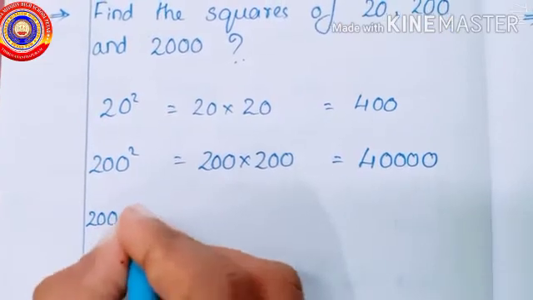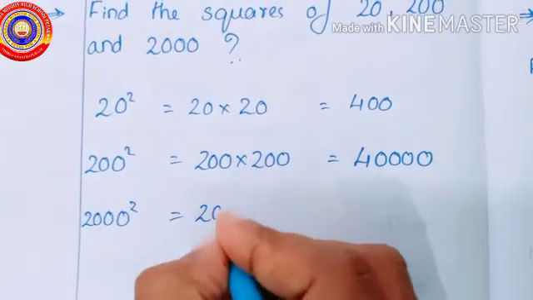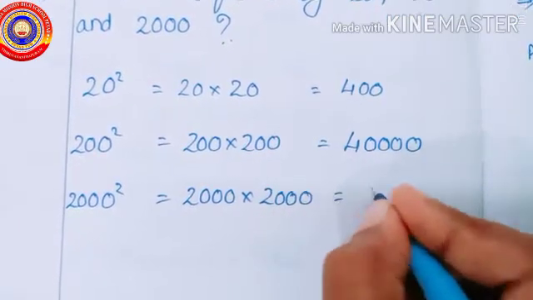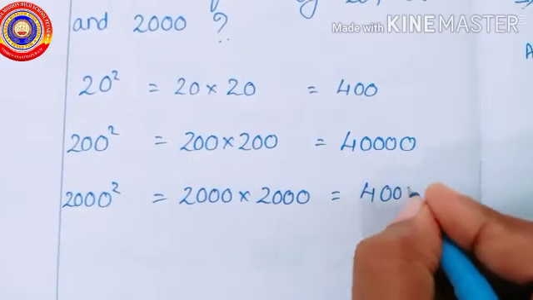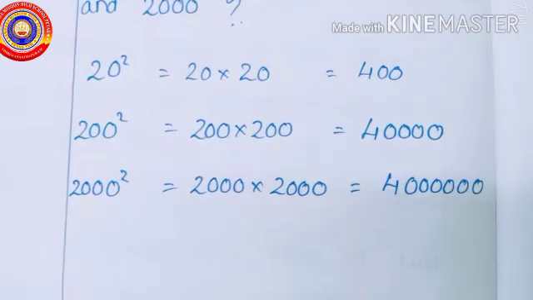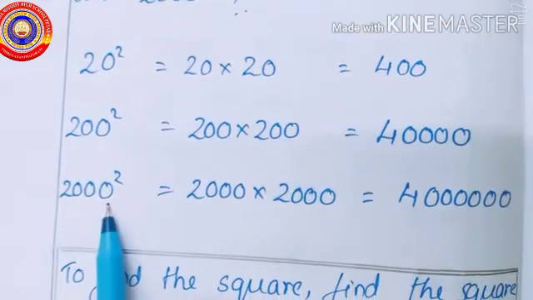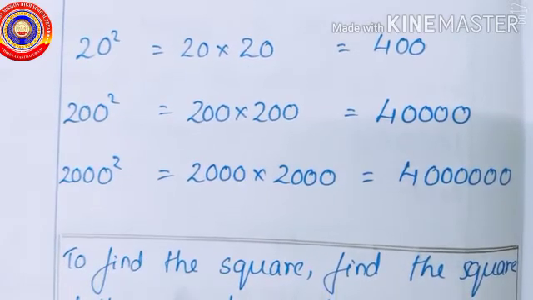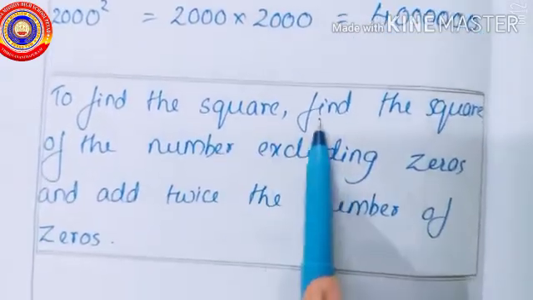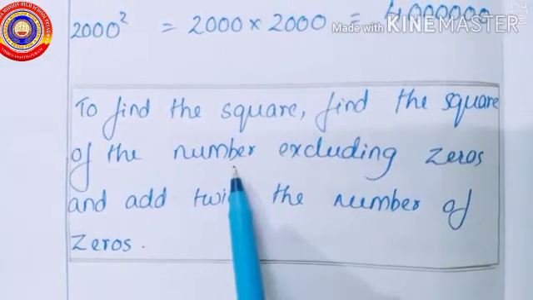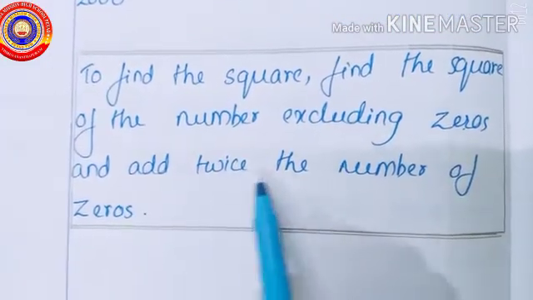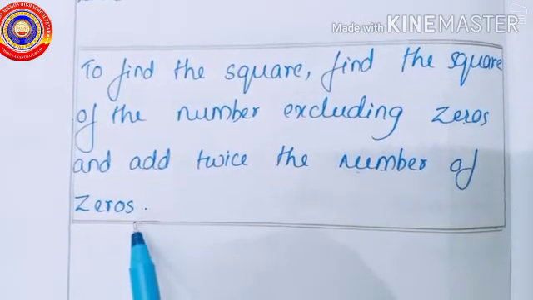Next is 2000 square. 2000 square is 2000 into 2000, which is equal to 40 lakhs. Here, to find the squares, square the number excluding zeros and add twice the number of zeros.